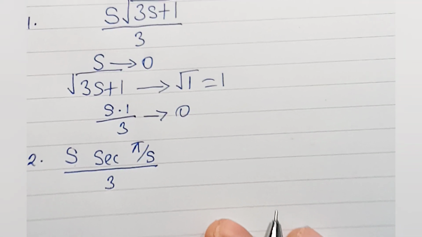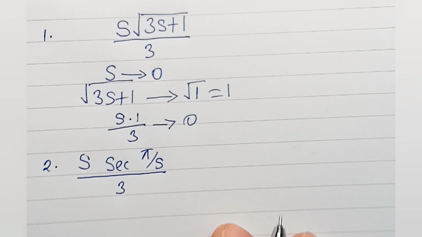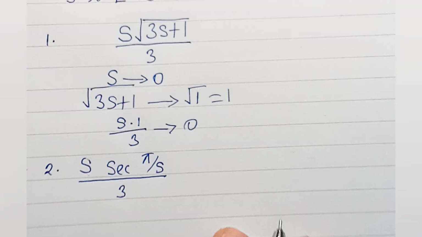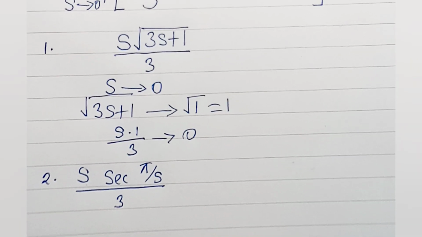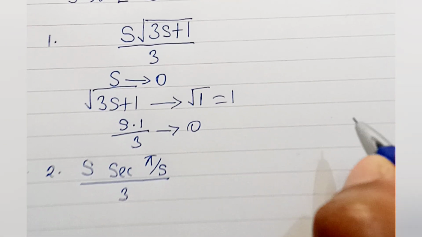Now, this looks a bit tough, right? But don't panic. Secant of pi over s oscillates widely because cosine oscillates between -1 and 1.